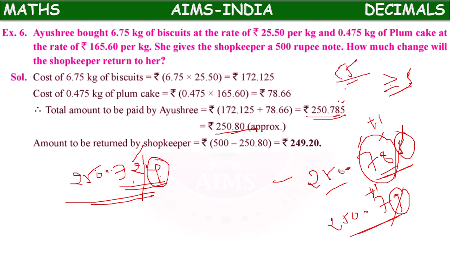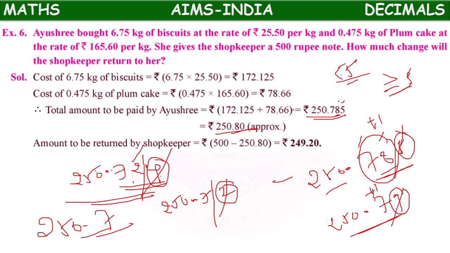If it is less than 5, we can simply strike it off. 250.72 we can write. If you want to reduce to 1 decimal place, this is what? 2, less than 5. So simply we can strike off. Approximately this value is 250.7. Like that, approximation we can do regarding the decimal places.